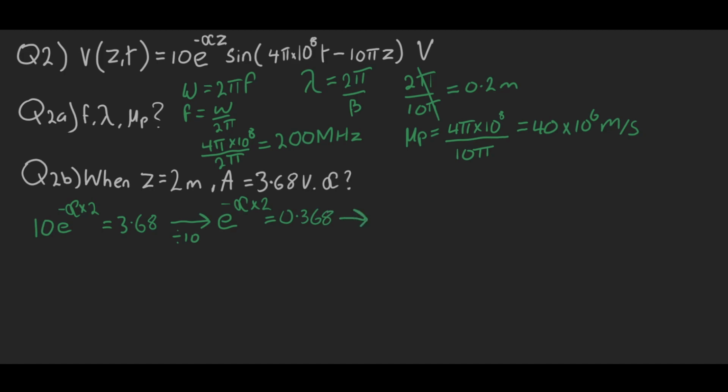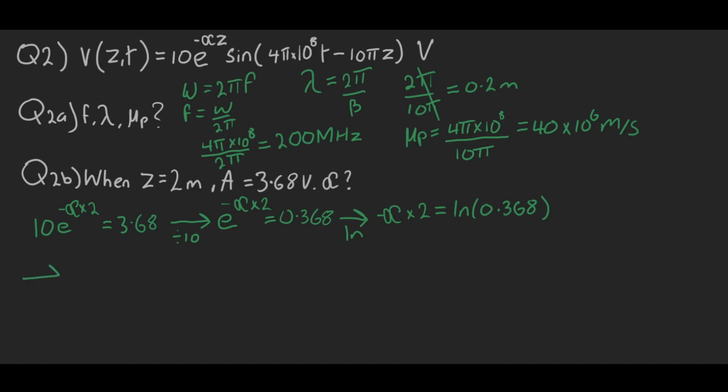Then we take the natural log of both sides. That will give us minus alpha times 2 is equal to ln 0.368. Okay, and we'll start the second row here.